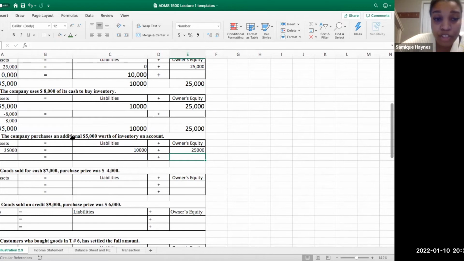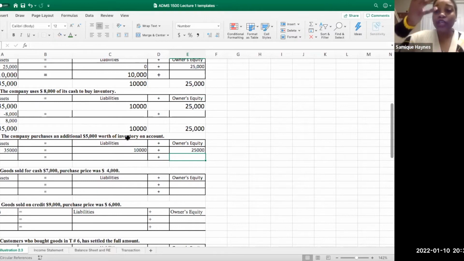The company purchases an additional $5,000 worth of inventory on account. On account means on credit, okay? Only if they purchased it with cash would you have inventory going up and cash going down by the same amount, so nothing happens. But this time they purchased it on account, which means they didn't pay cash, they actually owe something.